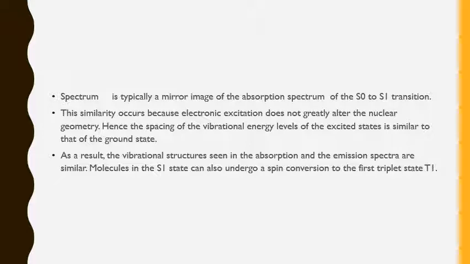As a result, the vibrational structures seen in the absorption and emission spectra are similar. A molecule in the S1 state can also undergo a spin conversion, as we have discussed, and move to the triplet state. We have discussed this in detail in the previous slide.